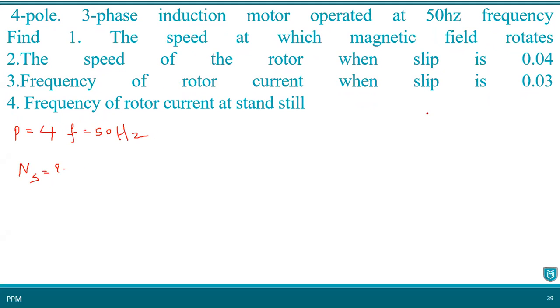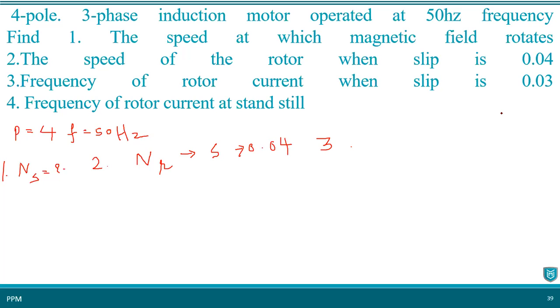Second is the speed of the rotor when slip is 0.04. This is the first thing that we need, and this is the second parameter that we need.